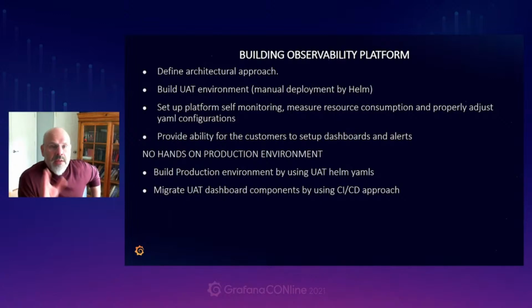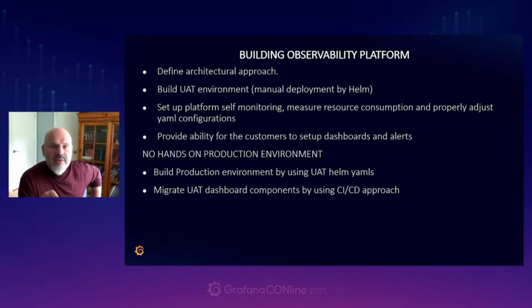Now, on this slide, you can see the steps. Again, there is nothing extravagant there. These are general steps that you would probably expect for every observability deployment. First, define the architectural approach. Second, build a UAT environment. Set up self-monitoring before you do anything else. Now you have to provide the ability for your internal customers to start playing with your dashboards, alerts and notification pieces.